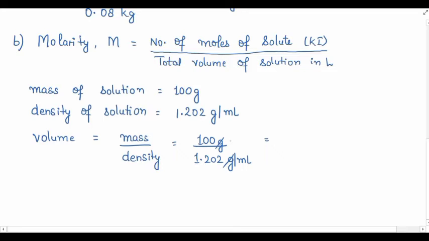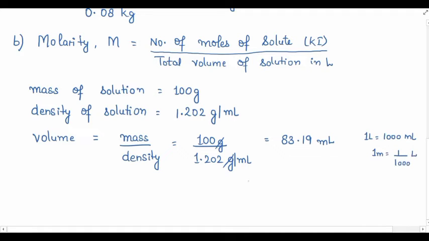So on dividing 100 by 1.202, we have 83.19 ml, because the volume is measured in ml. Because 1 liter is equal to 1000 ml, we convert this ml into liter.